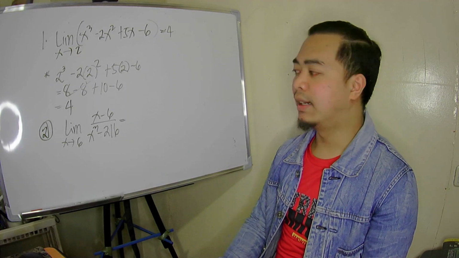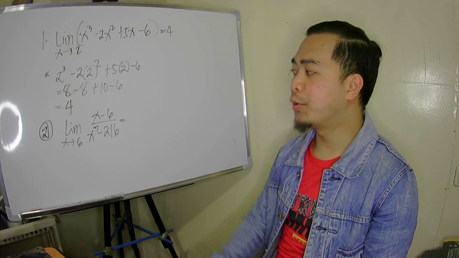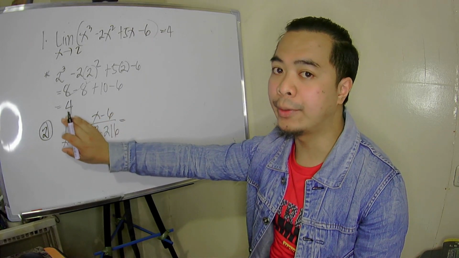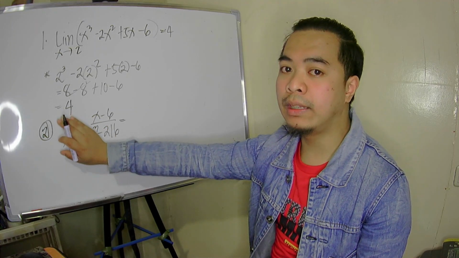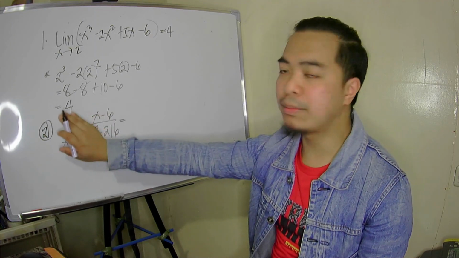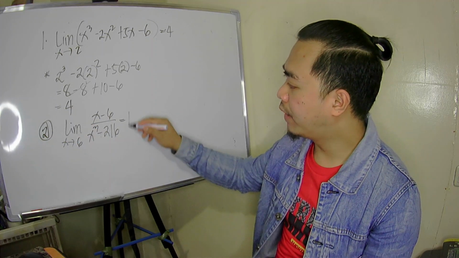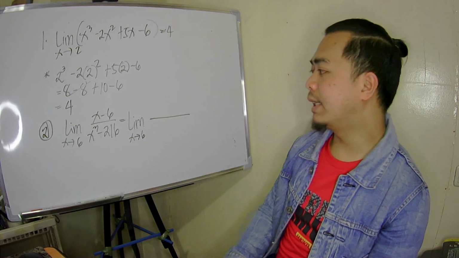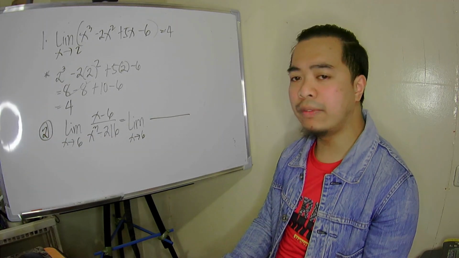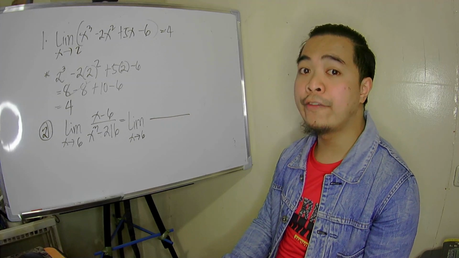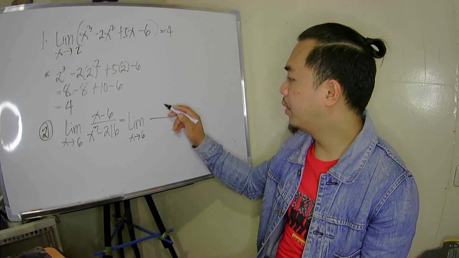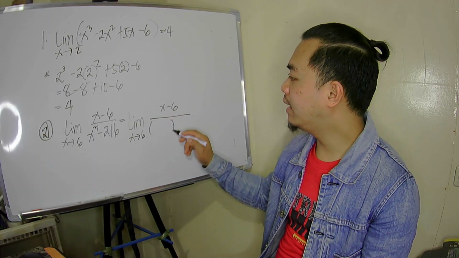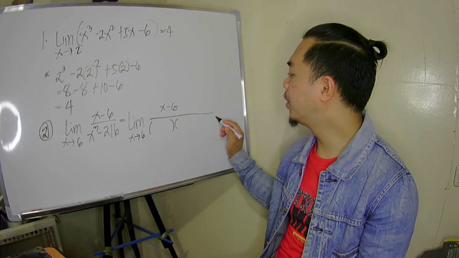We should simplify if possible. When simplifying the function, we just copy it here, because we are not yet evaluating the limit, we are just simplifying, so nothing should change. So we have the limit, copied as is, as x approaches 6. What can we factor here? Normally, in simplification, the first thing we do is factor. The numerator is as simple as that, x minus 6. But our denominator is a difference of two cubes.